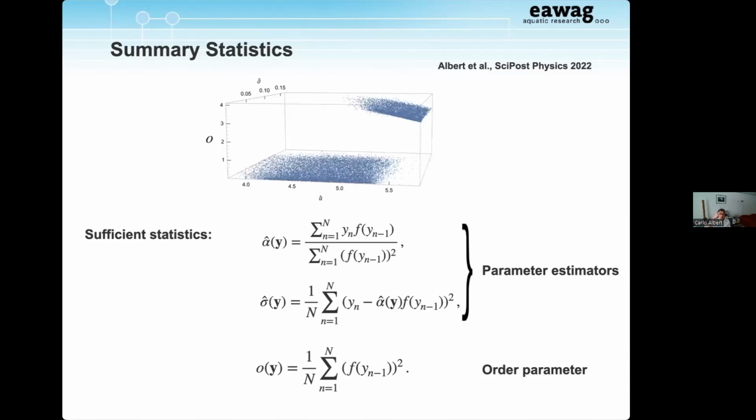So if you plot these 3 summary statistics, this is the prior distribution of the 3 summary statistics that we plotted here. On the X and Y plane, we have the parameter estimators alpha hat and sigma hat, and on the Y axis, we have the order parameter.